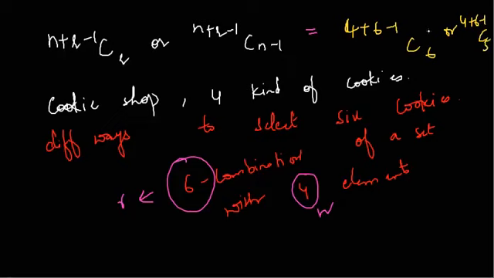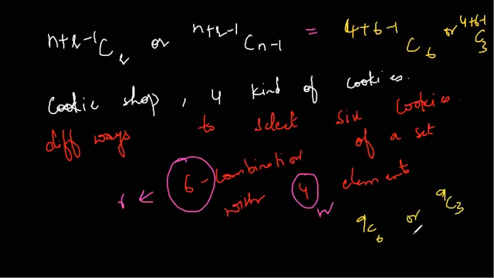Since n is 4, n minus 1 will be 3. So basically it will be 9C6 or 9C3. Both of them are the same if you remember, nCr is equal to nC(n minus r).